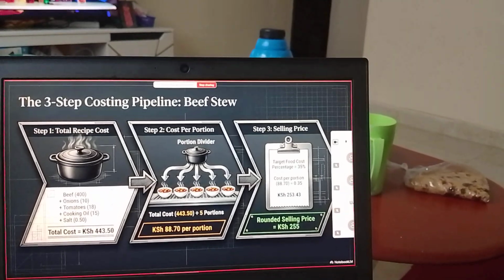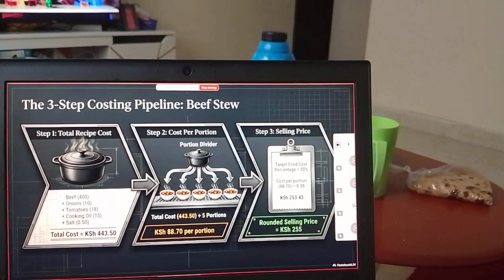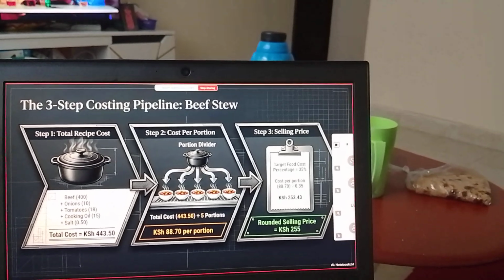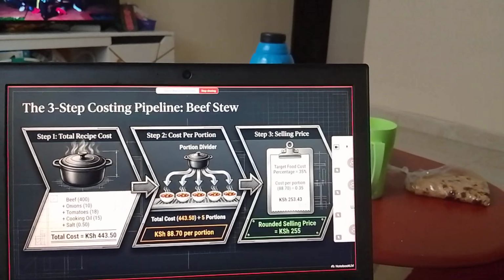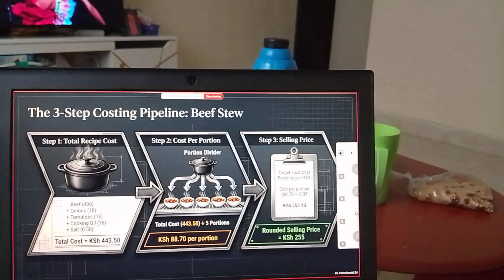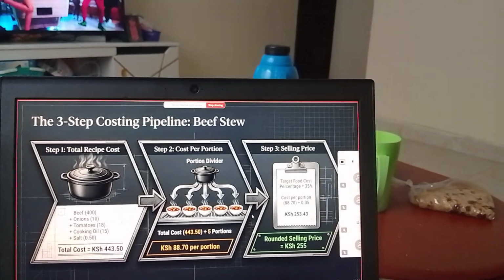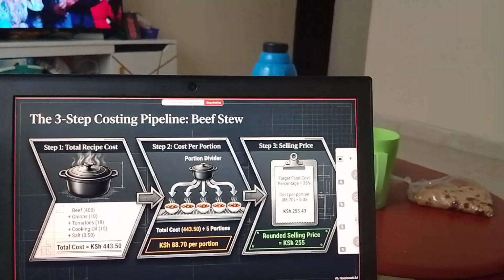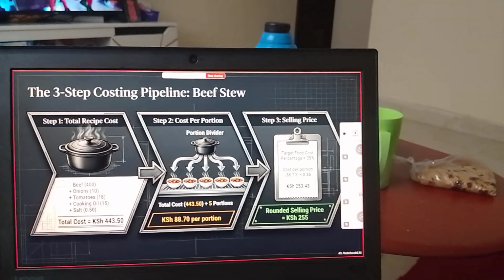If 35 percent corresponds to 88.7, then 100 percent will be 88.7 divided by 0.35, which gives 253 shillings and 43 cents. So this is the selling price. Rounding off, per portion we will be selling it at 253 shillings or 255 shillings.